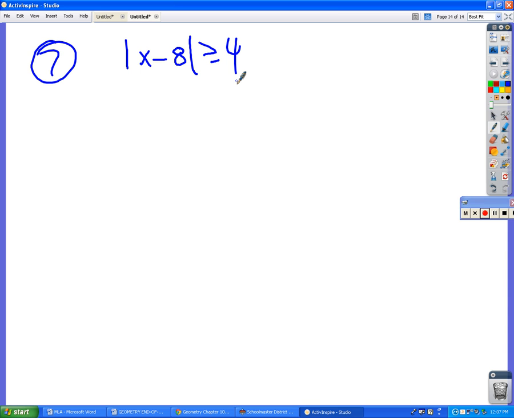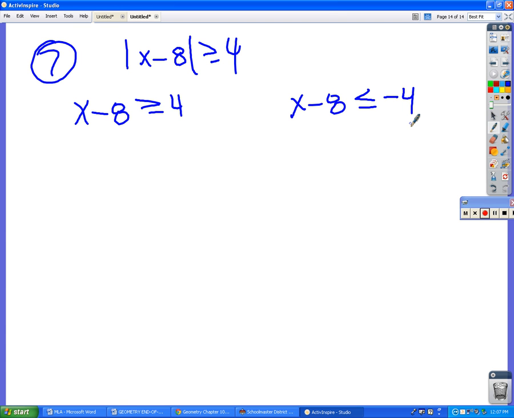This is a tricky one when you have an inequality and an absolute value. You make 2 equations, or 2 inequalities, I mean. You go x minus 8 is greater than or equal to 4. Does anybody remember what the second inequality you write is? Close. x minus 8 still is less than or equal to negative 4.